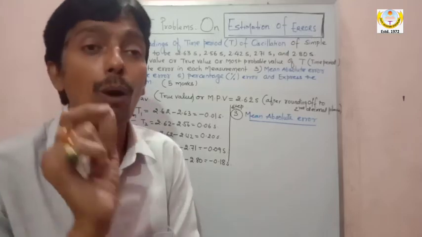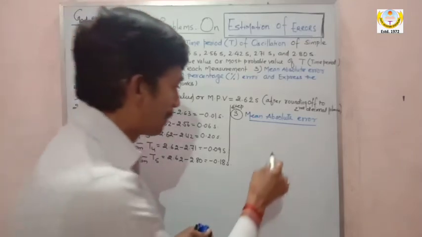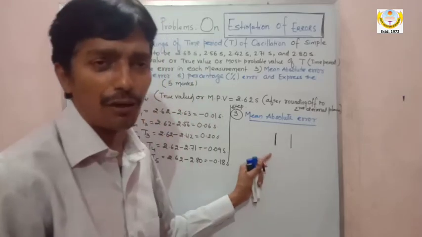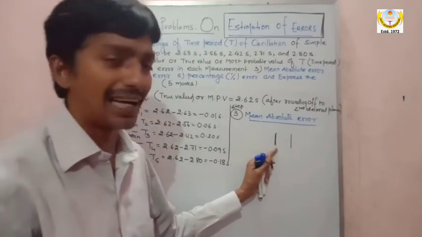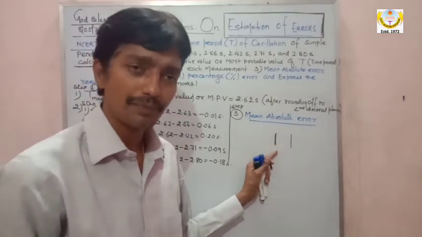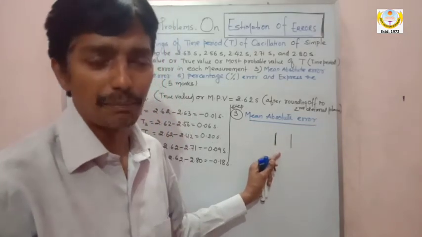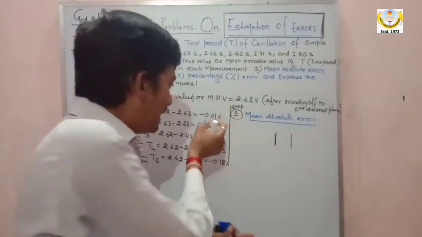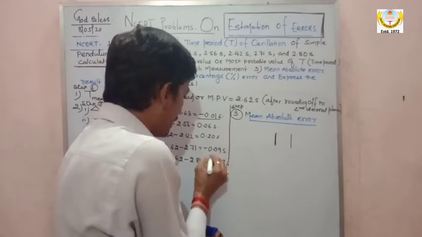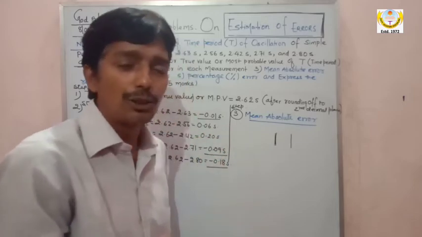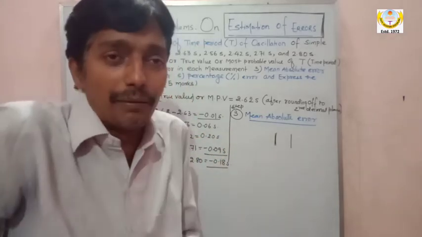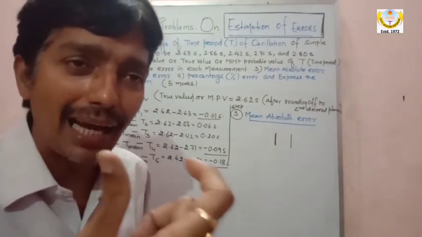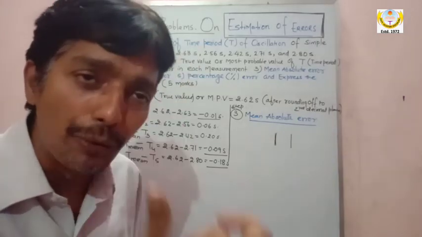By taking the mod. This is the symbol for mod. Many of you may be learning it for the first time, or I hope you had it in class 10th algebra. As soon as I put a negative magnitude in mod, it is automatically expressed as positive, because mod is there to express negative magnitudes in positive by putting a mod.